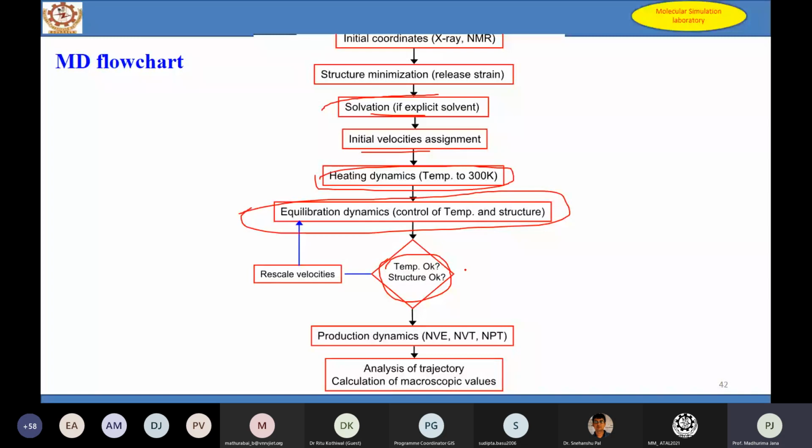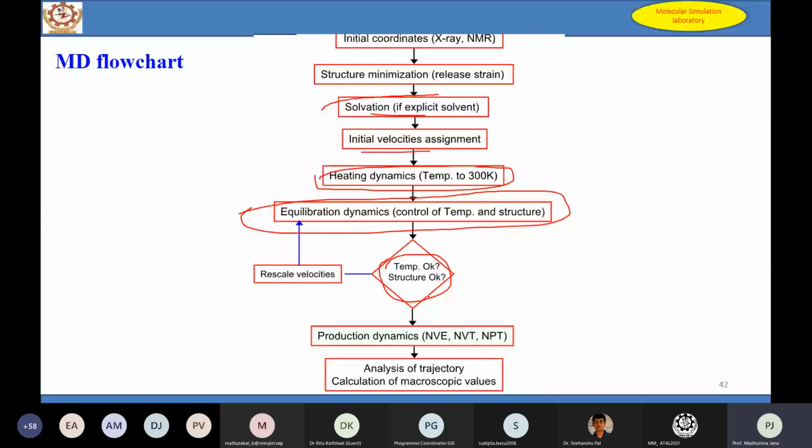Sometimes we have to impose some constraints during the simulation. You will find that sometimes the energy is bumping. There are a lot of problems that may occur when you are simulating biomacromolecules, so you have to first tune all those.